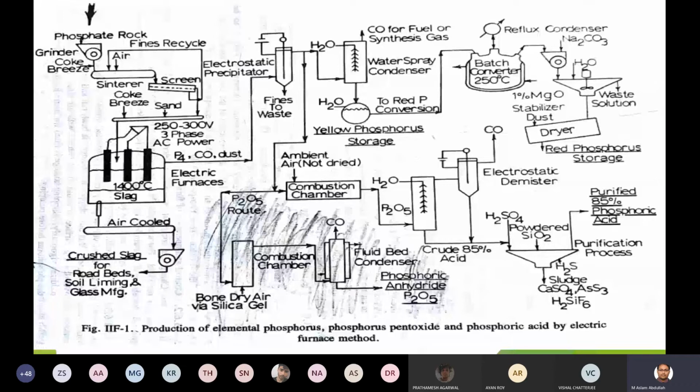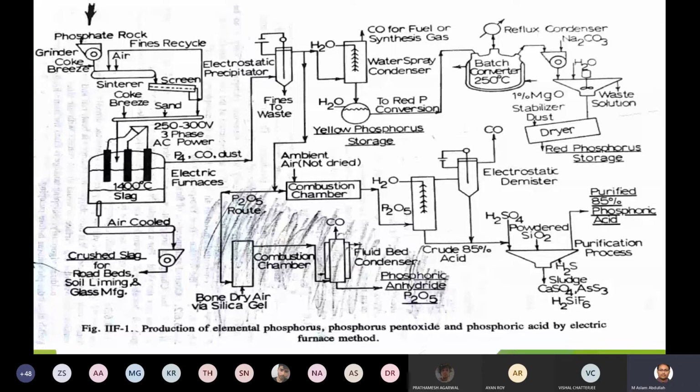Then only I can carry out the reaction between phosphorus and oxygen to produce phosphorus pentoxide first. Now in the combustion chamber, I will have an absorbent called a molecular sieve. Please make a note of it. It is not given in the book. This molecular sieve will absorb the moisture content plus the nitrogen that is present along with the oxygen.